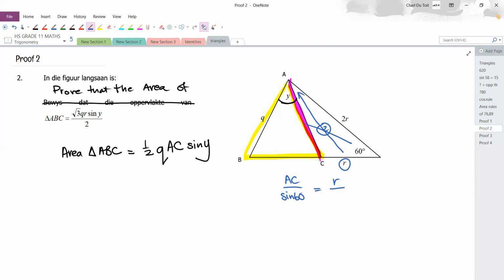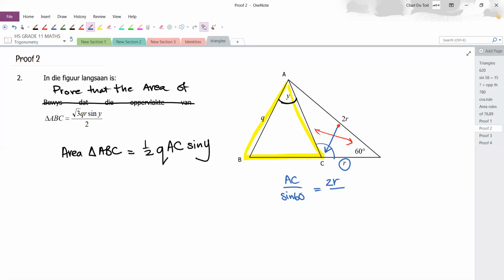Look at this. AC on top of sin 60 equals 2R. Sorry, there we got 2R. It's not R. I don't know why I missed that 2. It's 2R on top of that angle there. What would that angle be?